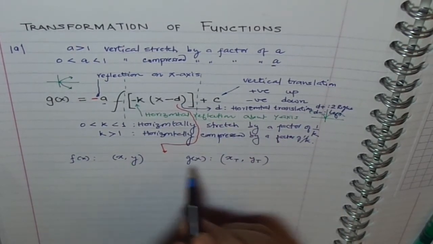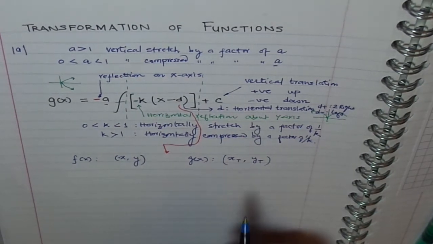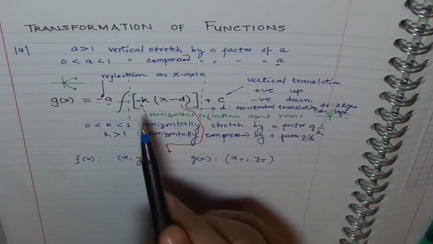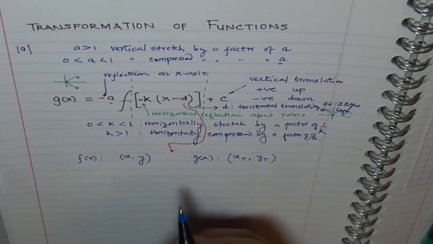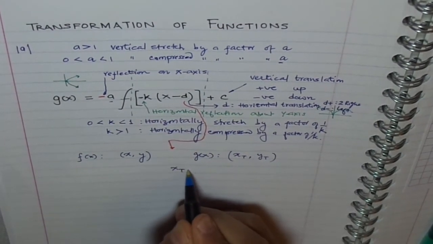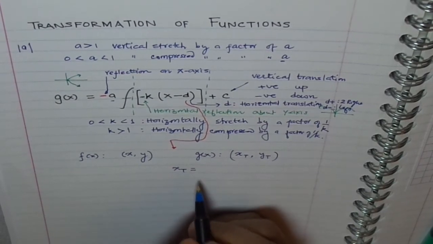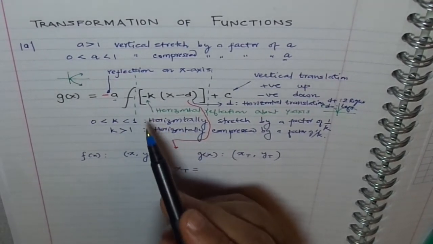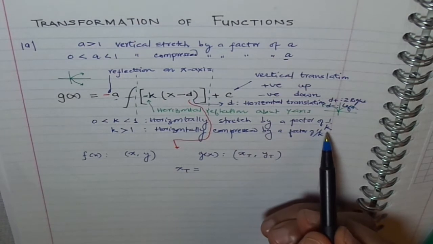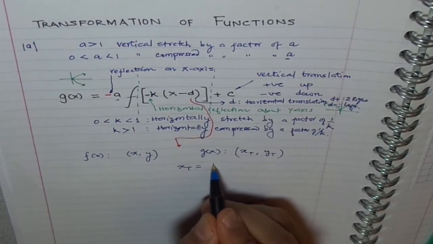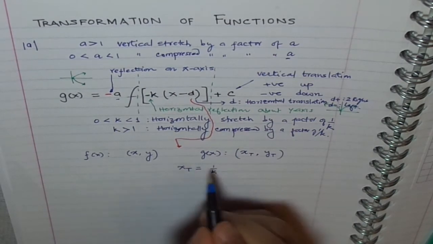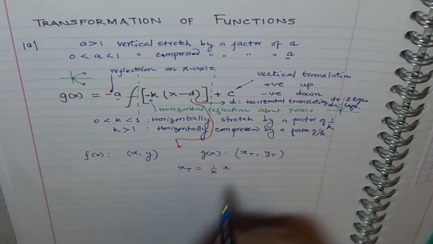So how are these two related? We'll use these properties and show you how they are related. xt, the transformed x value, is equal to, we are multiplying by a factor of 1 over k, you see that? Yes. So we do 1 over k times the original x value.